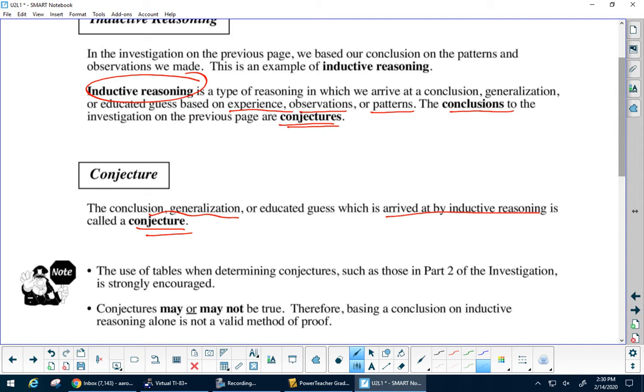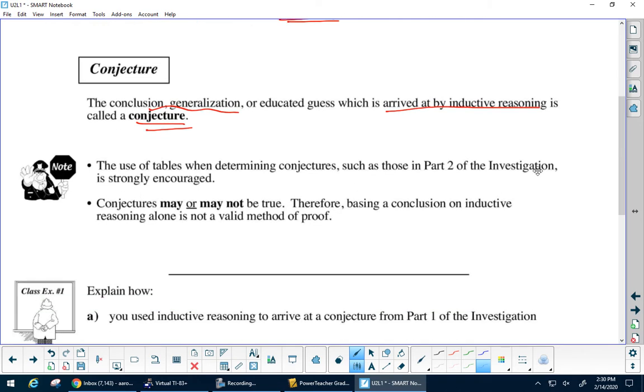You may not lend him the money, but that's not true. If that was in a court of law, you would lose. Okay? If you can prove that that statement is false by one counterexample, then it is false. And we're going to talk about that in a bit too.